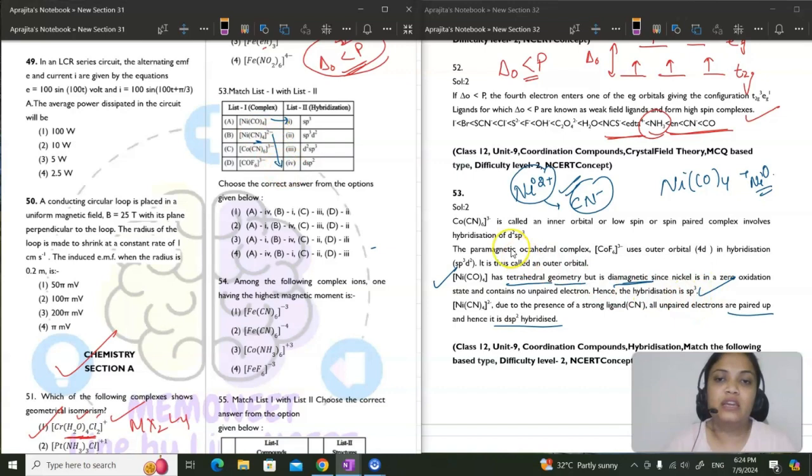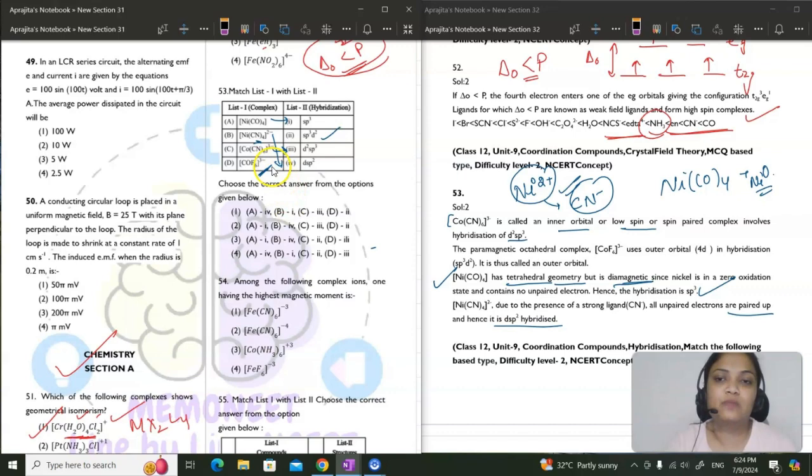Now [Co(CN)6]3-, it's an inner orbital or low spin complex. It has d2sp3 hybridization. And CoF6, it is actually using the outer d orbital. The knowledge is important of whether inner or outer d orbitals are used.